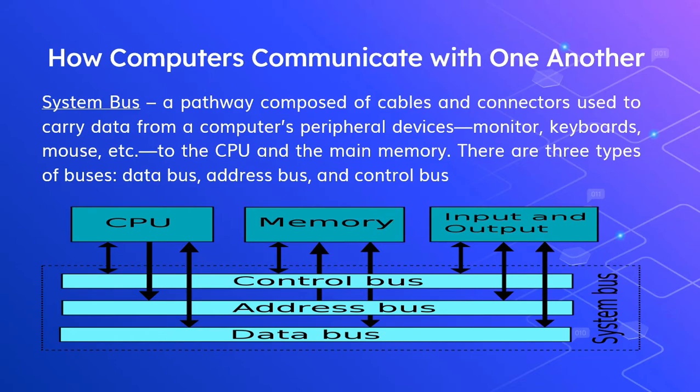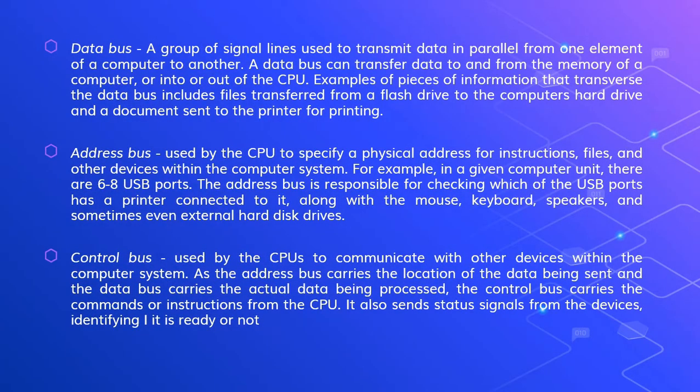The data bus. A data bus is defined as a group of signal lines used to transmit data in parallel from one element of a computer to another. A data bus can transfer data to and from the memory of a computer or into or out of the CPU.